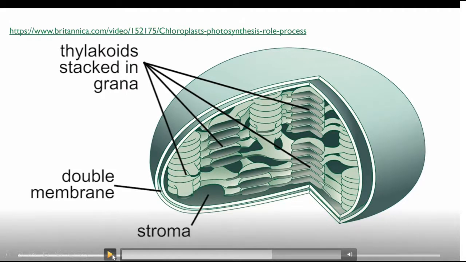And if you see here, these are the stacks of grana, and the membrane of a thylakoid disc contains a light harvesting complex which contains the chlorophylls. The chlorophyll pigments are there. And there is a space here where the grana is not there. We call it the stroma. So we name it the stroma, and this is the fluid, just like a gel-like material.